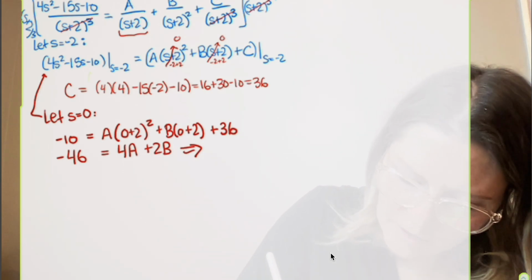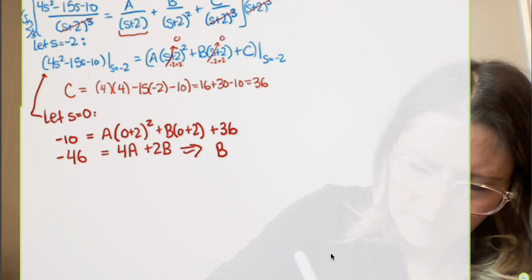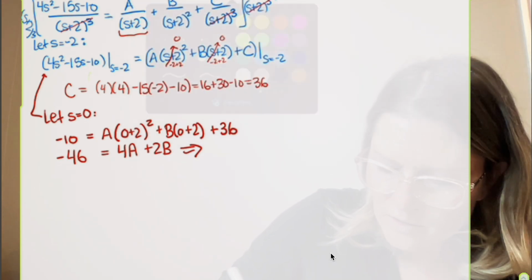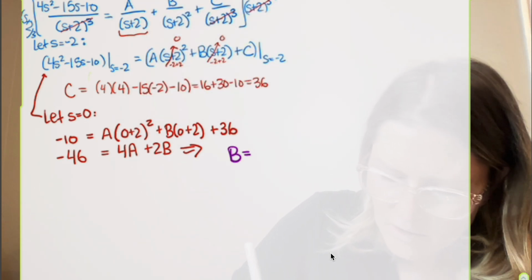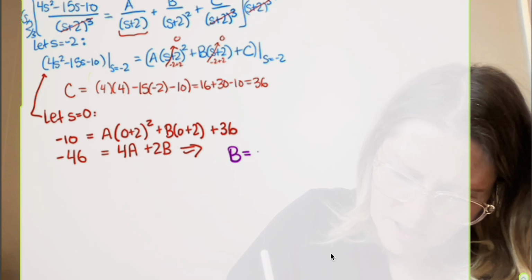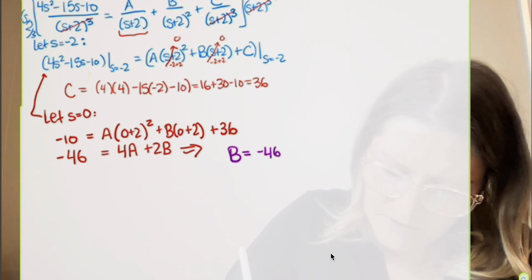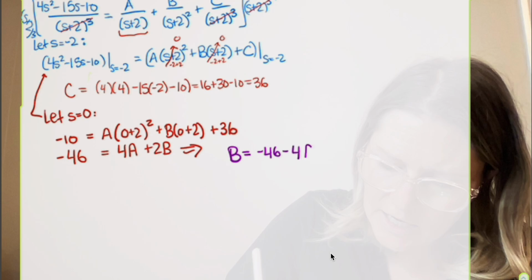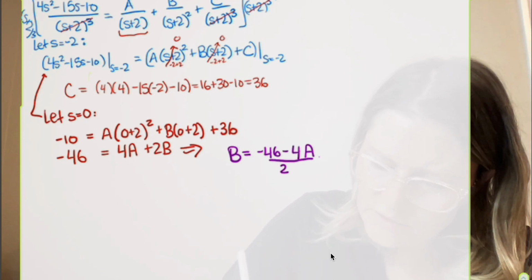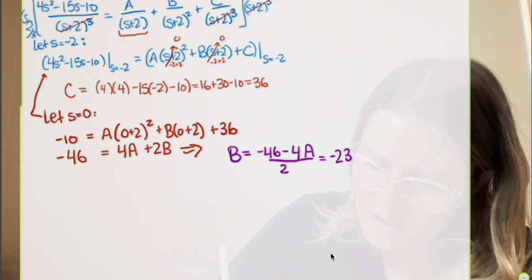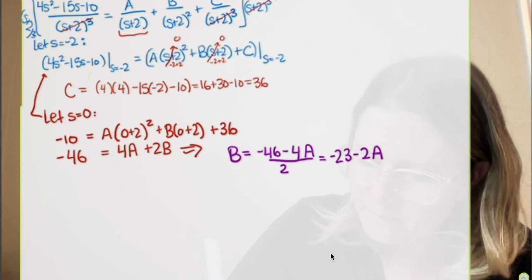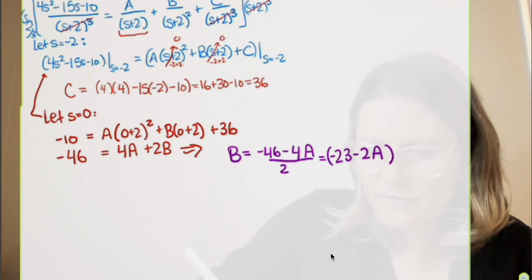I'm going to choose to solve it for b. As I solve that for b, I get a -46 and then a minus 4a divided by 2. So I get -23 minus 2a. And that's a value for b.